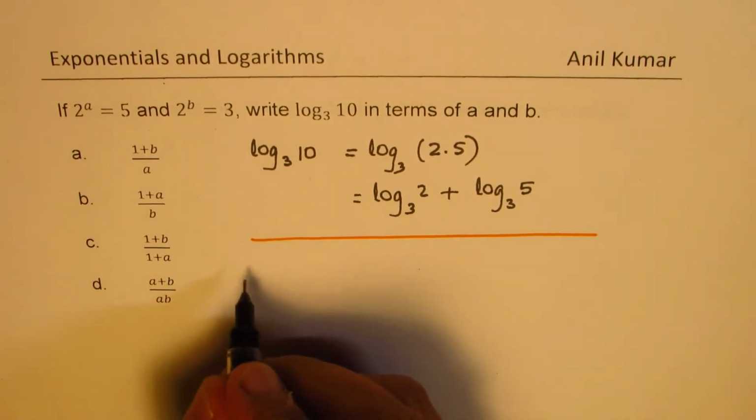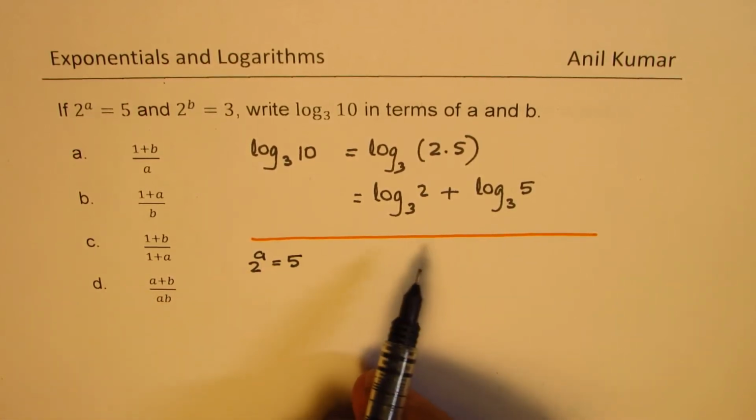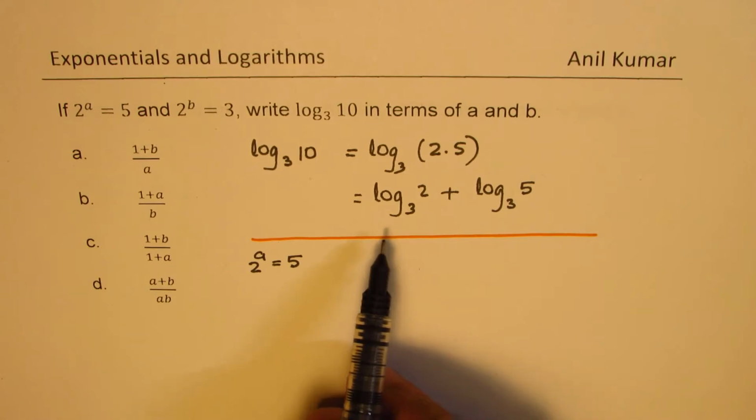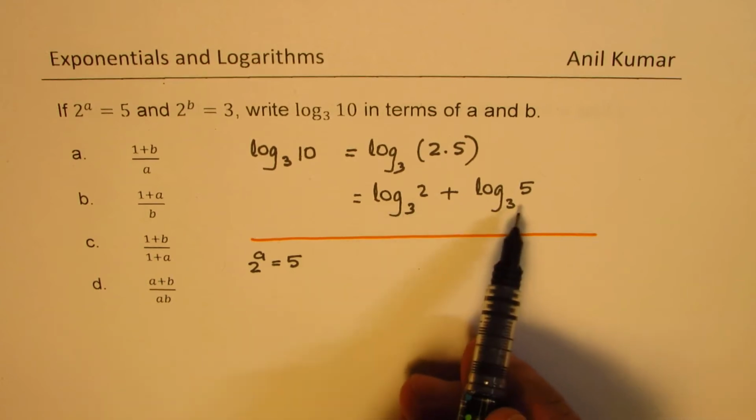So one of them is 2 to the power of a equals 5. We need log to the base 3. So if I convert this to log to the base 3, then what do I get? Or if I convert this to log to the base 2, then what do I get? So I have both the options. We could actually change the base also here.